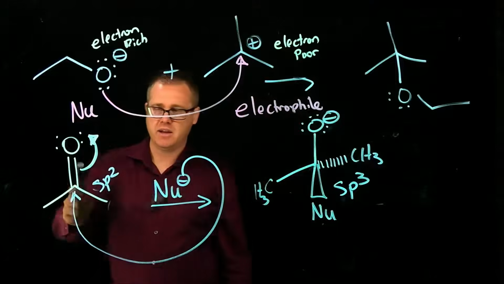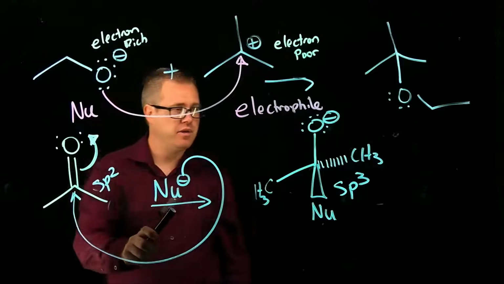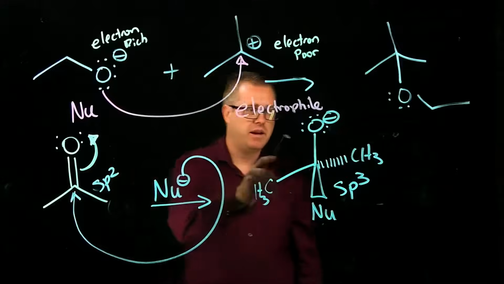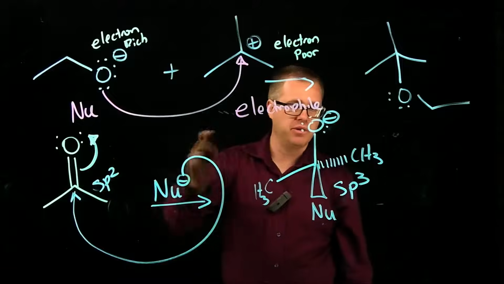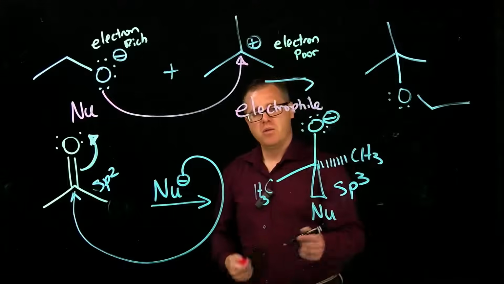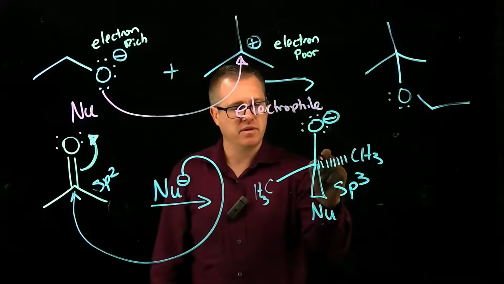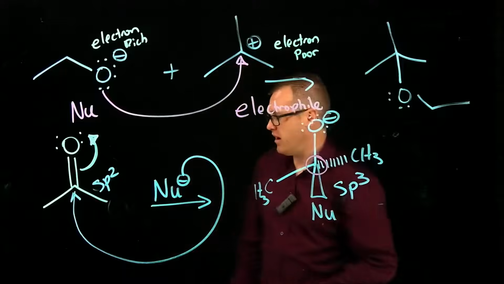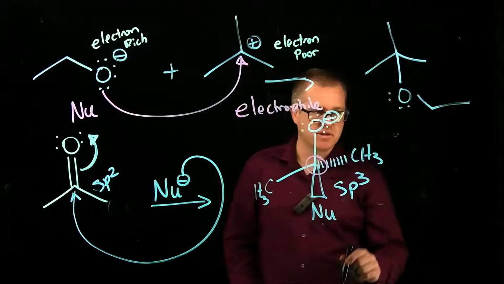When we take a ketone or aldehyde and treat it with a nucleophile, and we go from sp2 to an sp3 molecule like this, what the text refers to is that carbon right there is now a tetrahedral center.